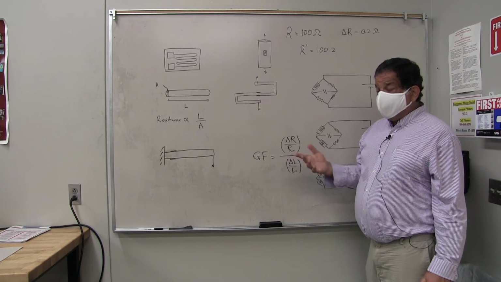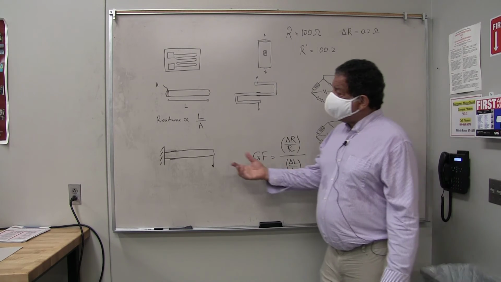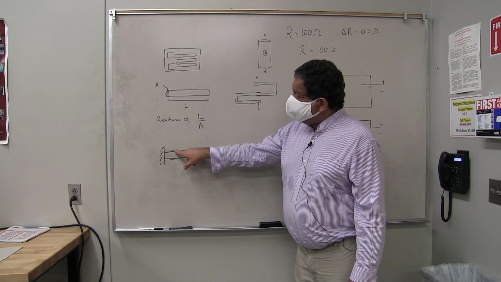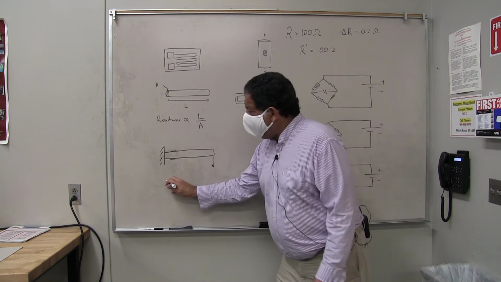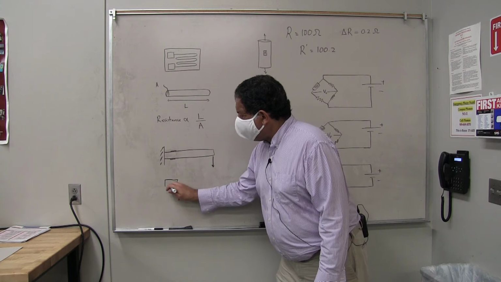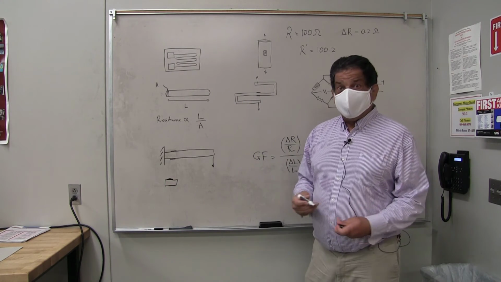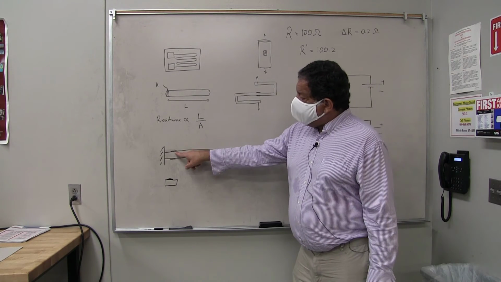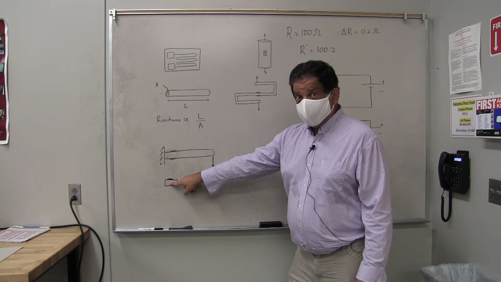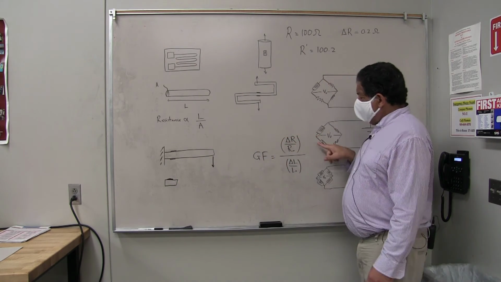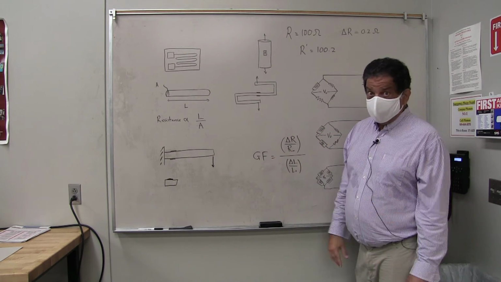It has the advantage that it rejects thermal expansion, because presuming that you glued this onto your beam at the same time that you glued the other strain gauge onto your little block of floating steel, if this one expands thermally, this one will also expand thermally, and you get the same. If I put them in this configuration over here, the thermal expansion will get nulled out.